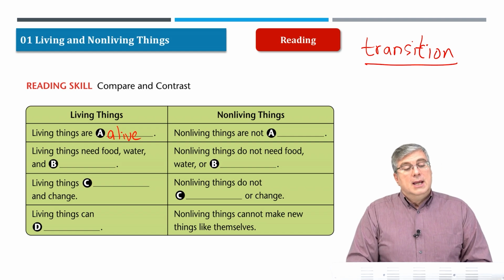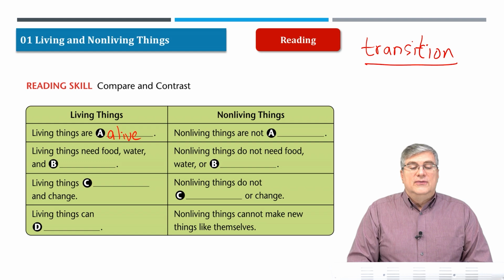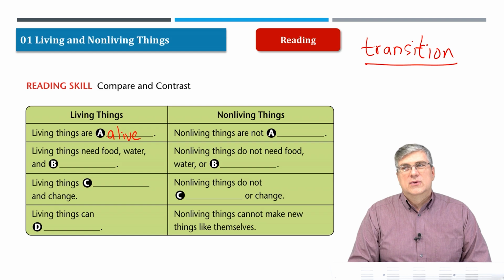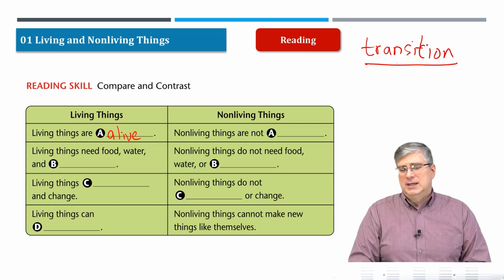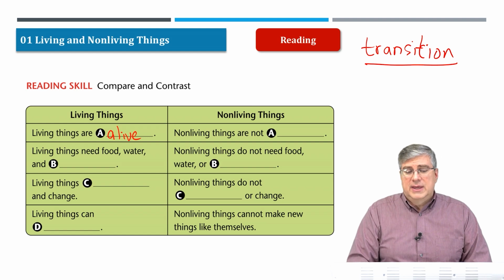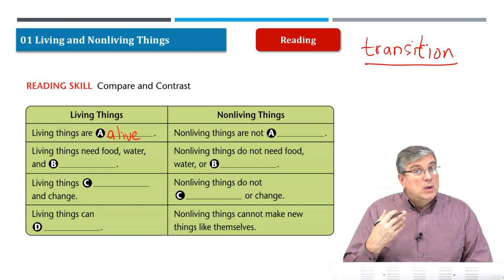Okay, good. Living things need food, water, and blank. What else do they need? Well, we talked about food, we talked about water. In the vocabulary section, we talked about something that living things need, and to get that thing, we have to breathe. What are we getting when we breathe?